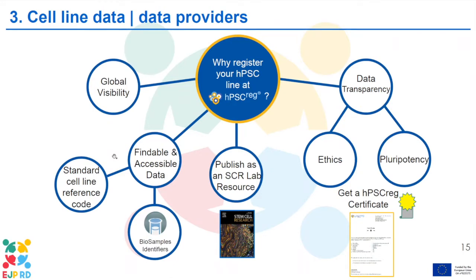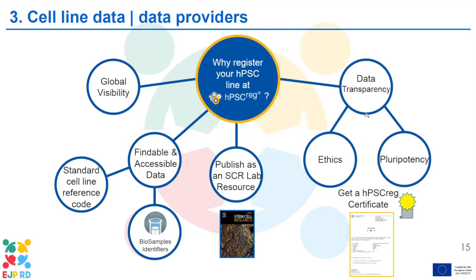Because when you register your lines, we will assign them a unique reference code, which will allow your cell line to be traced throughout research and projects. We also use biosamples identifiers from EBI. If you enter all of your cell line data at hPSCreg, you can publish this as a stem cell research lab resource.